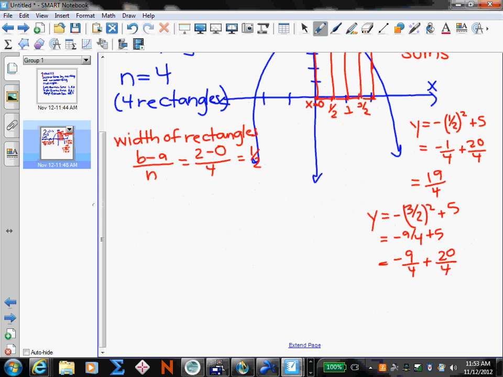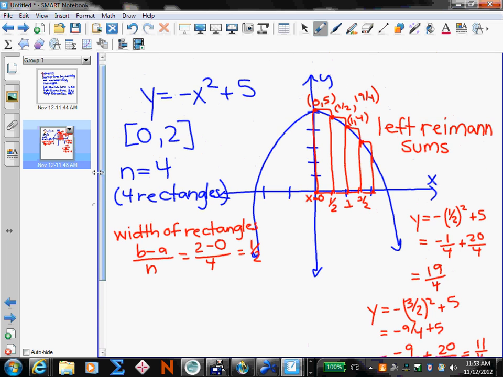And 20 minus 9 is 11/4. So that will be my last coordinate. Okay, so I had to find the height of my rectangle so that I can find the area.